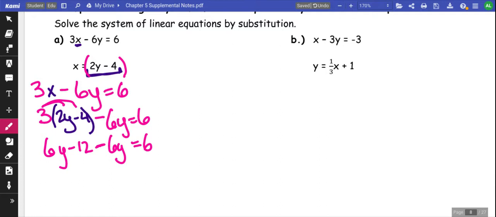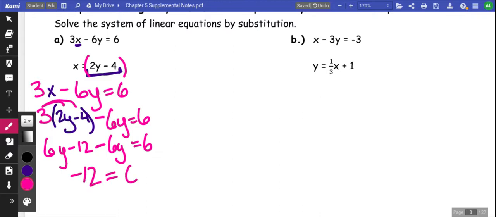Now I have some terms that I can combine. So 6y and negative 6y, well, when I add those coefficients together, I have 0. So I guess I could write 0y, but that's just really going to simplify out to nothing. I'm left, really, with negative 12 equal to 6. That's an alarm bell. Okay, check your math, make sure you didn't make a mistake.